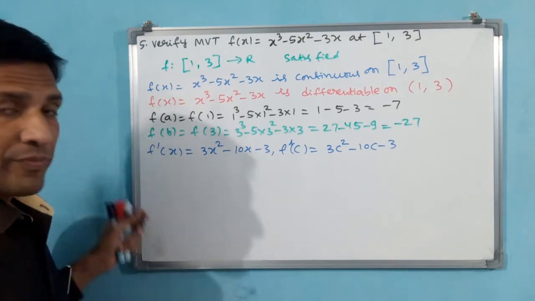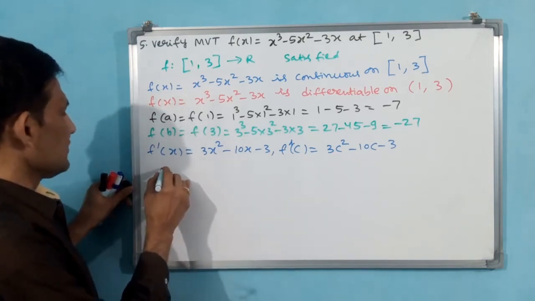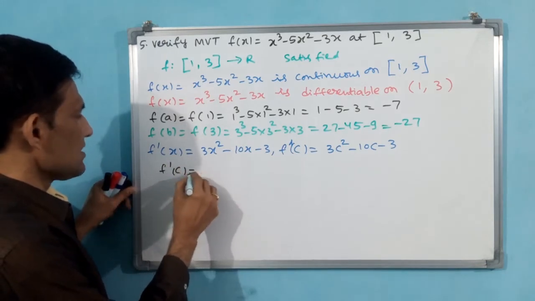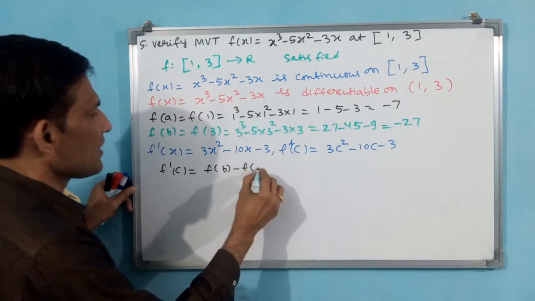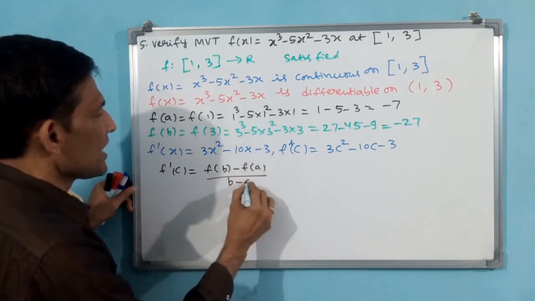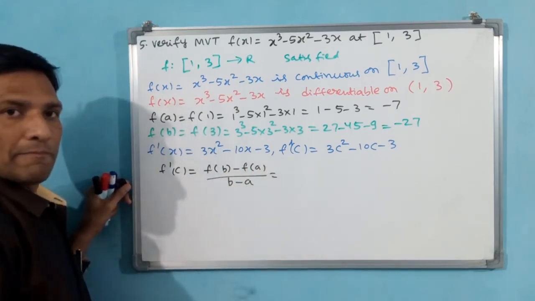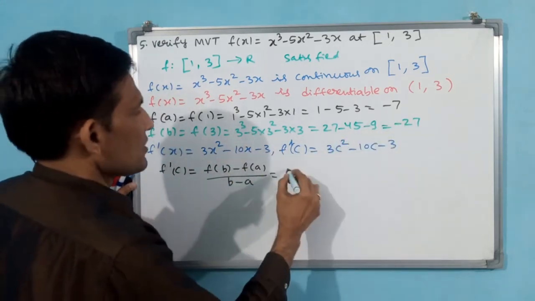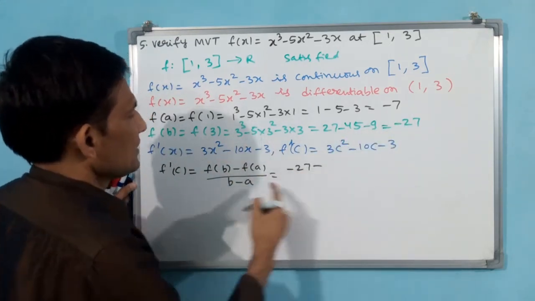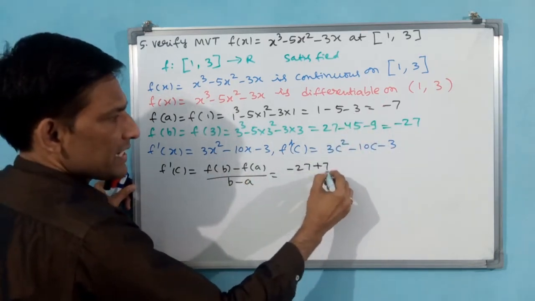But you see what you have to write. You have to write like this: f'(c) = (f(b) − f(a))/(b − a) for the mean value theorem. f(b) is −27, minus f(a) which is −7, that means plus 7.